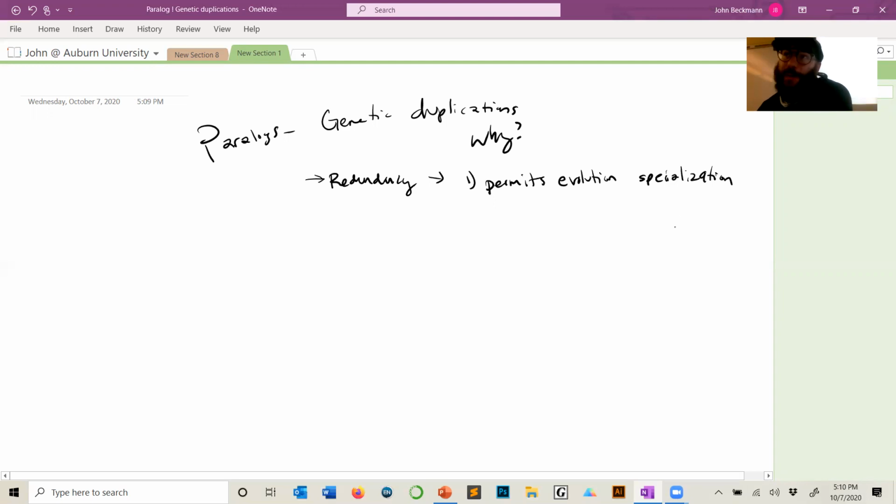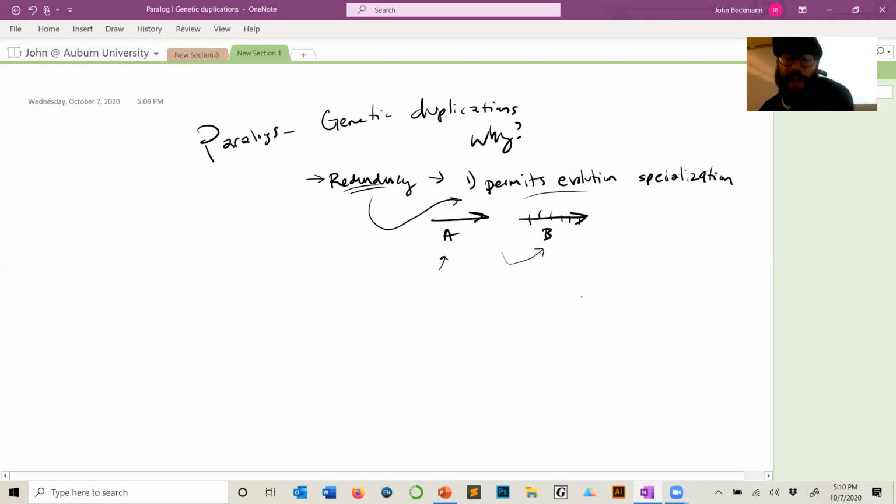But if you have two copies of an essential gene, A and B, you can mutate B all you want, and A is still going to be functional. So you're not going to die. So essentially, redundancy permits evolution and specialization.